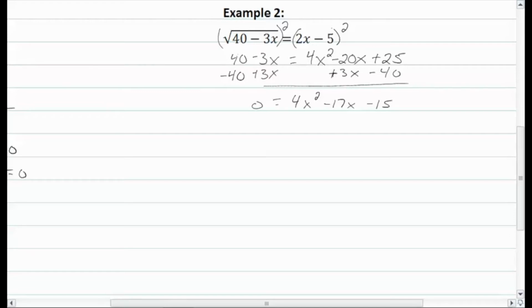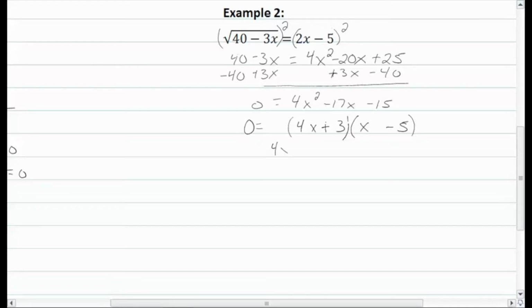Okay, and let's factor this. Whoops, I put my 0 in the wrong place there. There we go. This will factor out to be 4x times x, and then we're going to have -5 here and a +3 here.